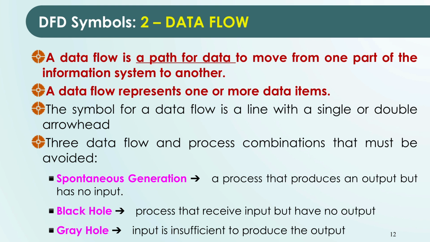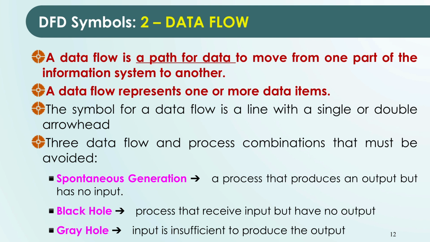Please be reminded that there are 3 types of data flow and process combinations that must be avoided. The first kind of combination is the spontaneous generation, a process that produces an output but has no input. You cannot design a DFD with a process but no input at all.